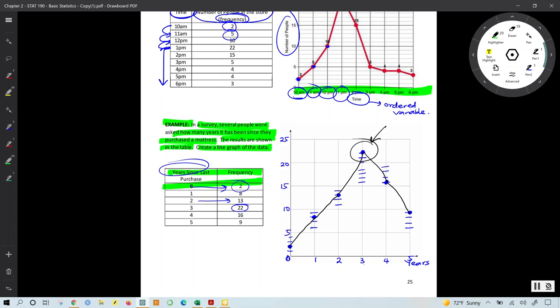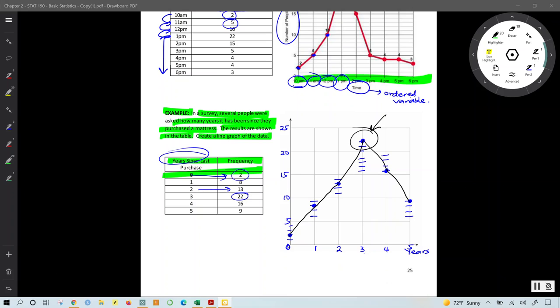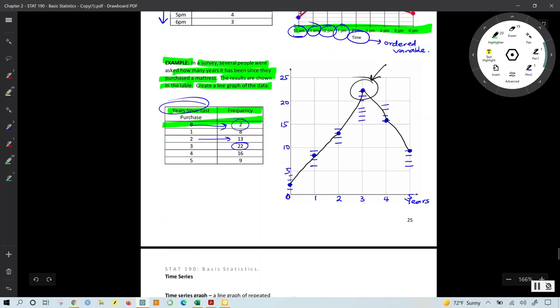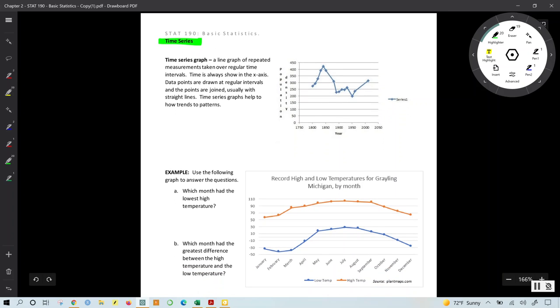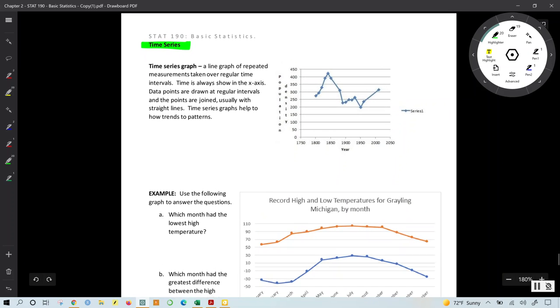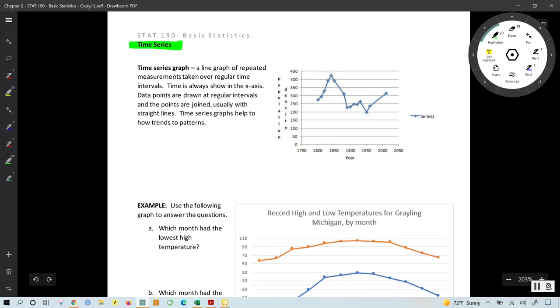3 years. So, a very similar graph to line graphs is the time series graph. As we learned in the previous chapter, time series data is data that is collected sequentially in time.